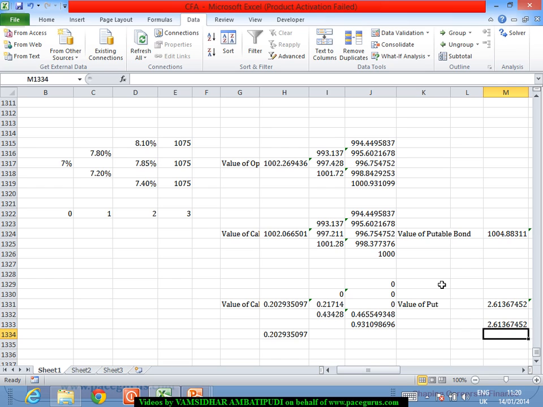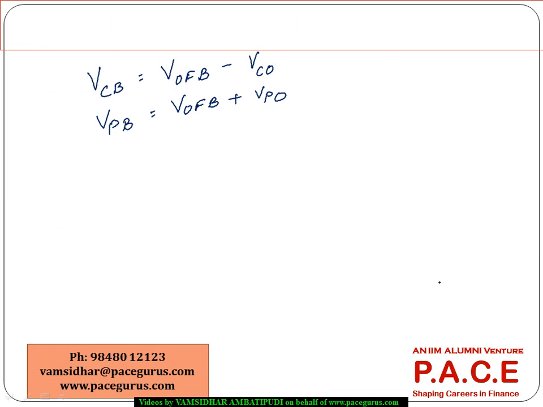Alright, now we will look at one more aspect on this dimension, which has to do with the spread. We'll look at the concept of spread: how do I incorporate the spread as a part of these models, and how do I value the bond using the spread as a concept.